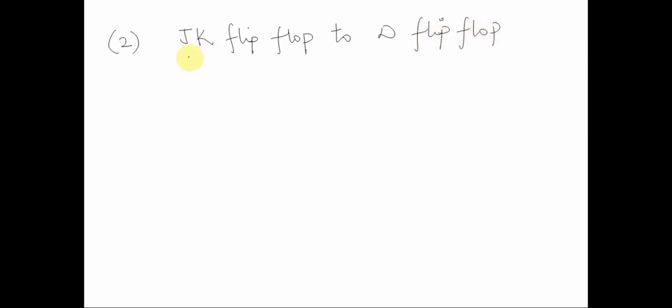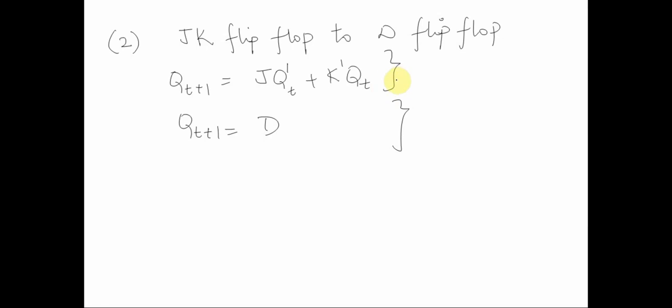Q(t+1) in a JK flip-flop is J Q' + K' Q, and Q(t+1) in D is D. So the next state in D depends only on the input, whereas in a JK flip-flop the next state depends upon both inputs as well as the present state. If we have to convert a JK flip-flop to a D flip-flop, what should we connect to the inputs J and K so that the next state depends only on the input and not the state?